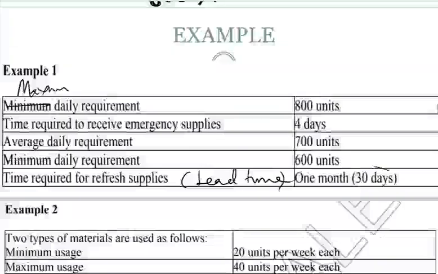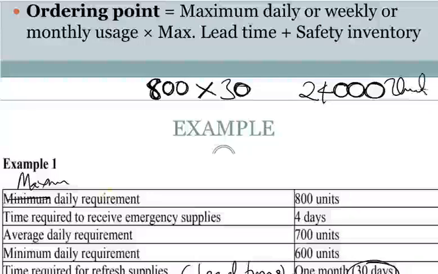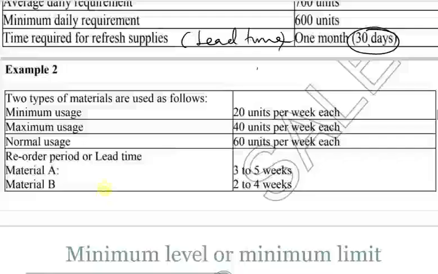Because our lead time is just 30 days, it's not a range, we'll just take 30. So times 30. When you multiply that, that's 24,000 units. That means the level has to be 24,000 units. So that's how you calculate for that one.